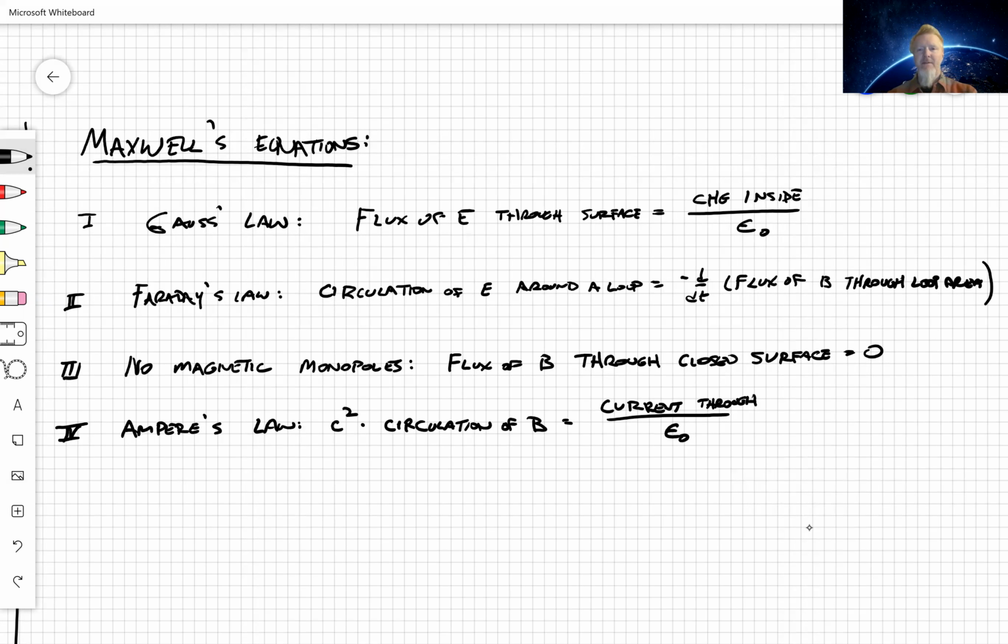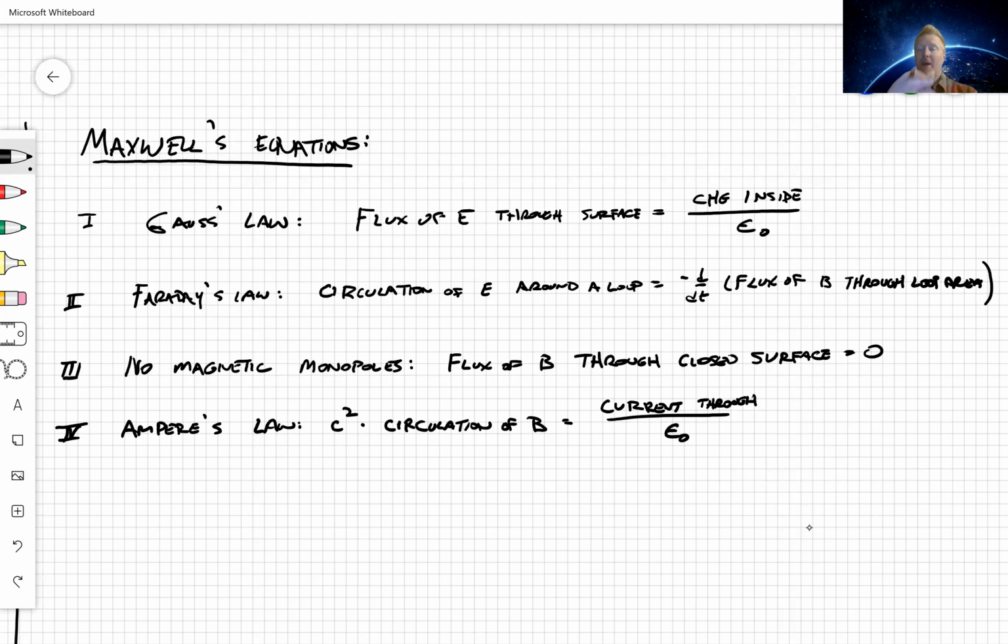Number 3 doesn't really have a name. It's kind of loosely known as Gauss's law for magnetism, but it tells you that the flux of B through a closed surface is 0. Noticing the difference here between number 2 and 3, since they both involve flux of B, the flux of B in number 2 is through a surface of a curve, the surface of a loop, whereas number 3 is through a closed surface like a sphere, right?